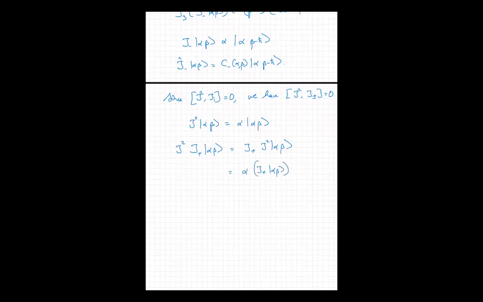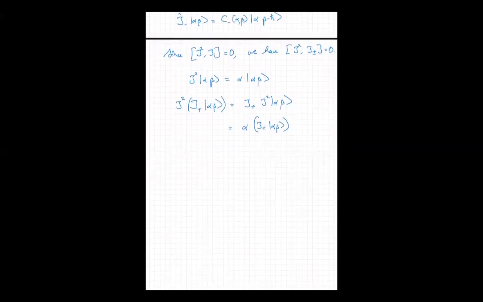So you see that the state J plus |α β⟩ is also an eigenvector of the J² operator with the exact same eigenvalue α. So J plus raises the β value by 1 unit of ħ, and does not change the α value of the state.